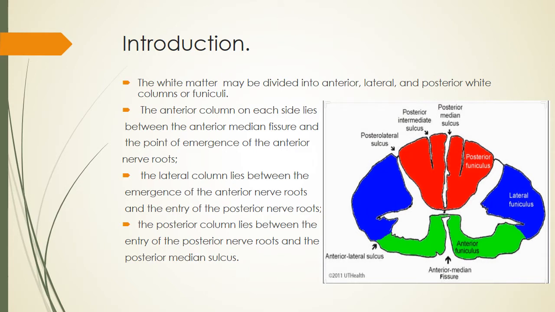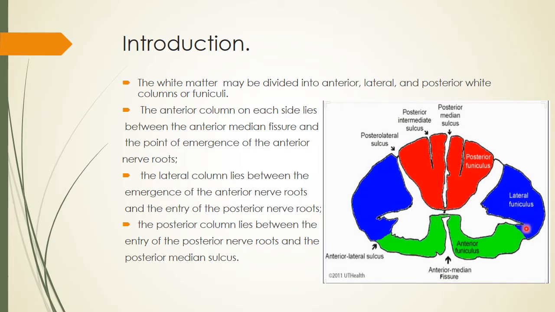Like in grey matter, the white matter may be divided into anterior, lateral and posterior white columns, which are also called funiculi. The anterior column on each side lies between the anterior median fissure and anterolateral sulcus, where there is emergence of ventral root of spinal nerve.